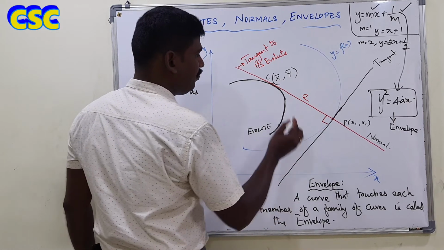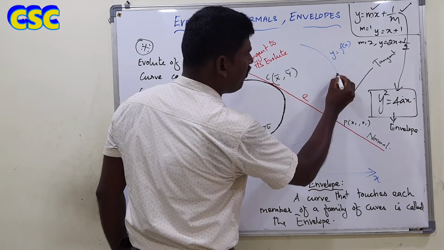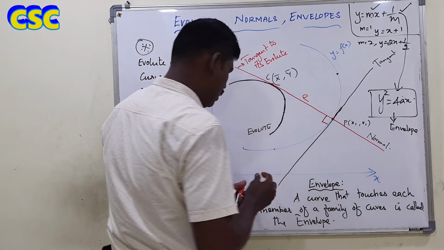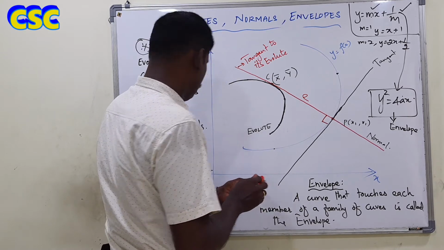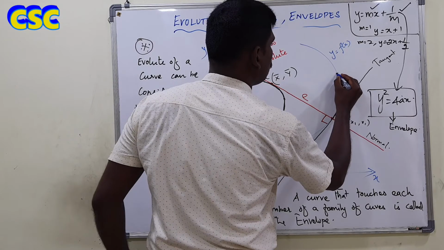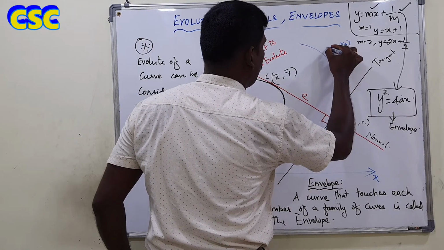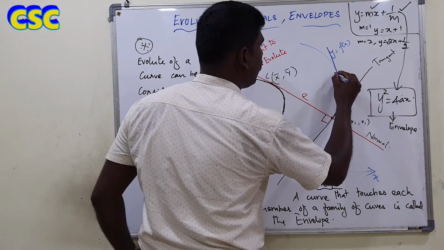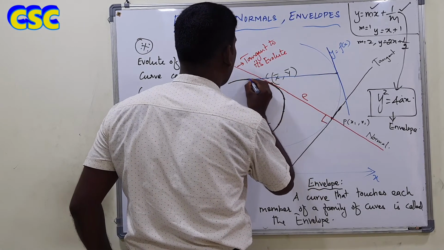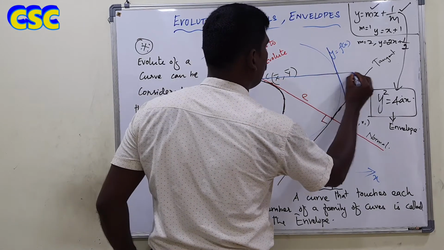So, right? Similarly, through this point we can draw a normal, isn't it? Through this point we can draw a normal, isn't it? Yes. Look at that. So through this point I can draw a normal to the curve. Look at that.